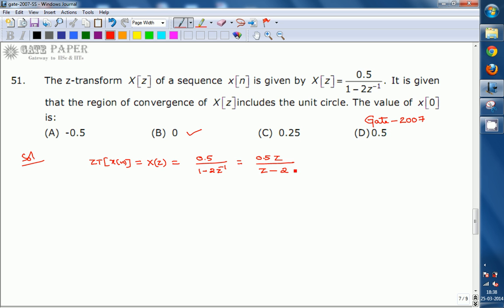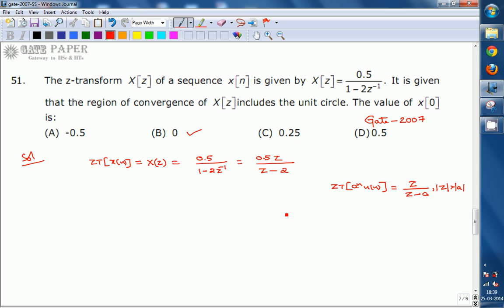This is in the z by z minus a form, that is the Z transform of a^n u(n), which is z by z minus a for mod z greater than mod a. This is one possibility.